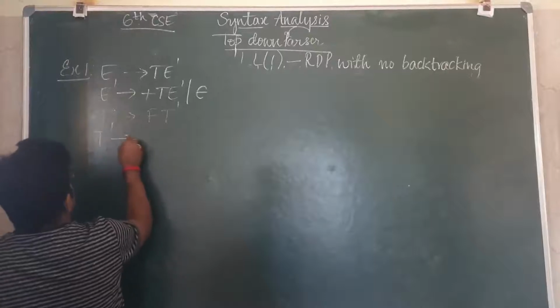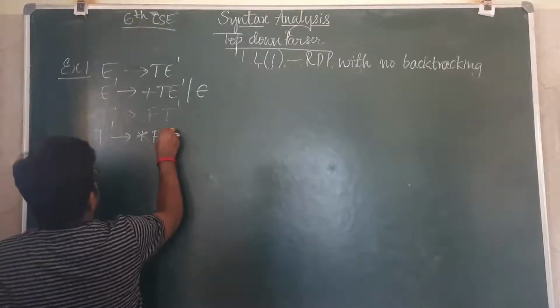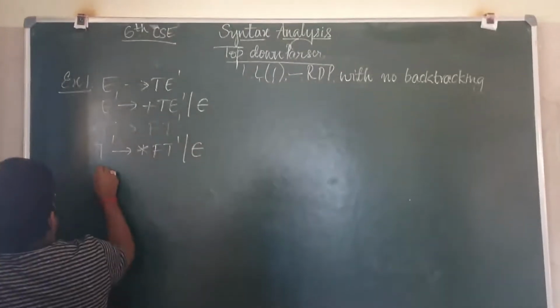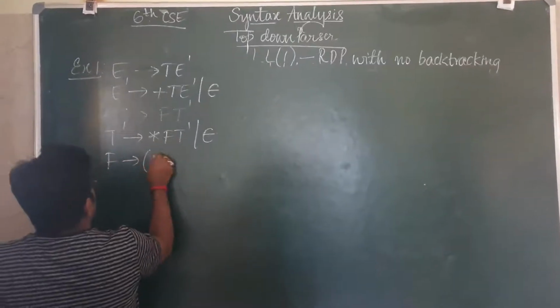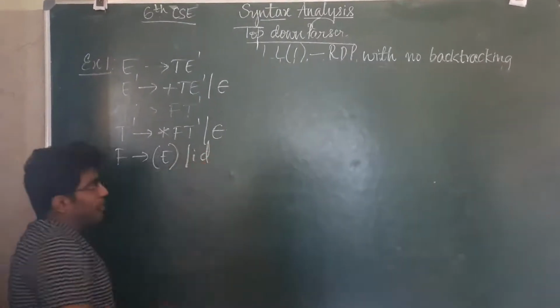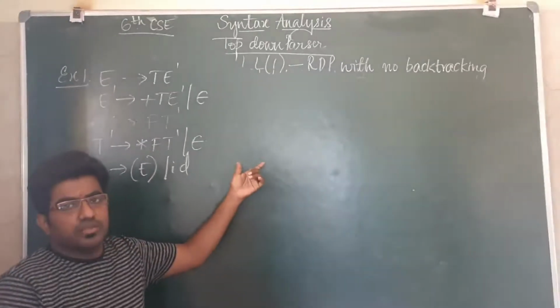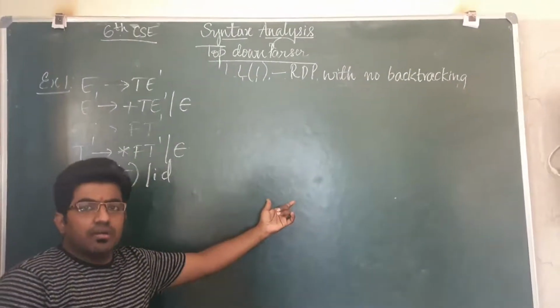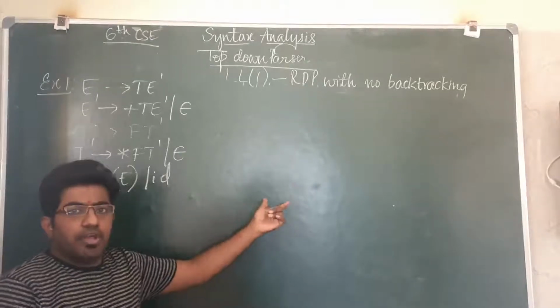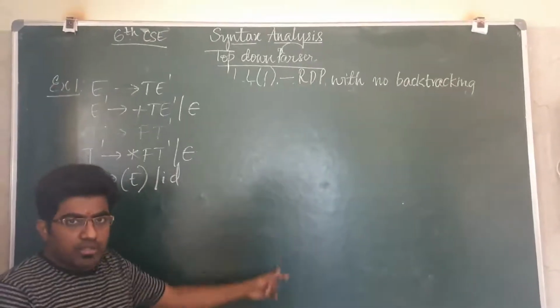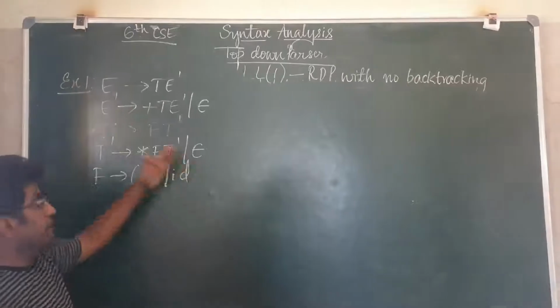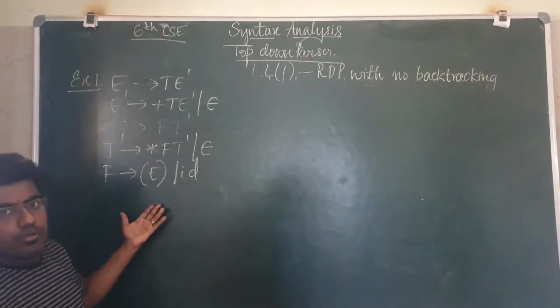T dash tends to star FT dash or epsilon. And F tends to (E) or id. Don't wonder how we get this. The general arithmetic expression grammar is E tends to E plus T or T, T tends to T star F or F, F tends to id. After eliminating left recursion and left factoring for that grammar, this is the grammar you will get.